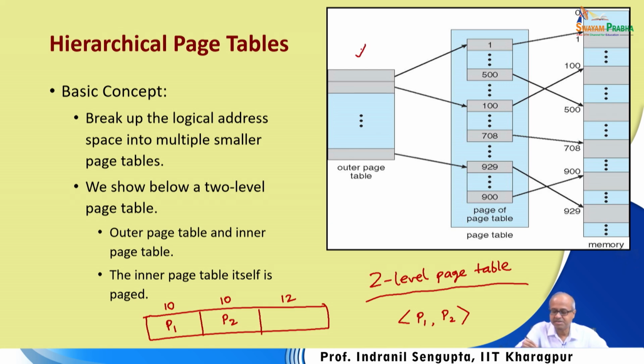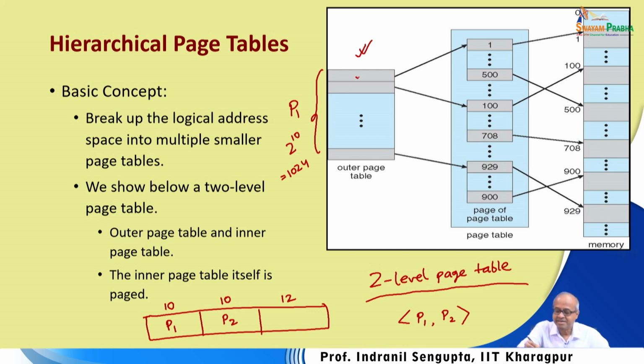There is an outer page table as this diagram shows. You use P1 to access this outer page table. Because P1 is only 10 bits, the number of entries in this table will be 2 to the power 10, which is equal to 1024, approximately 1000.